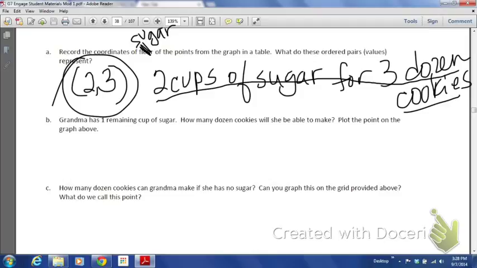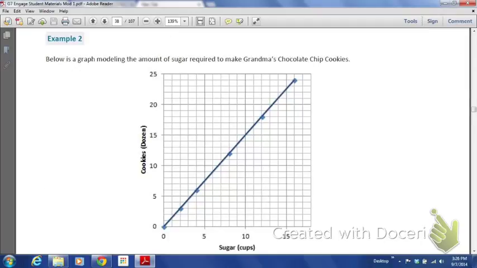Now we haven't actually talked about a unit rate. It hasn't actually asked you for a unit rate yet, because you're going to need that unit rate to do B. So B says, Grandma has 1 remaining cup of sugar. How many dozen cookies will she be able to make? So let's just go back. She has 1 cup.